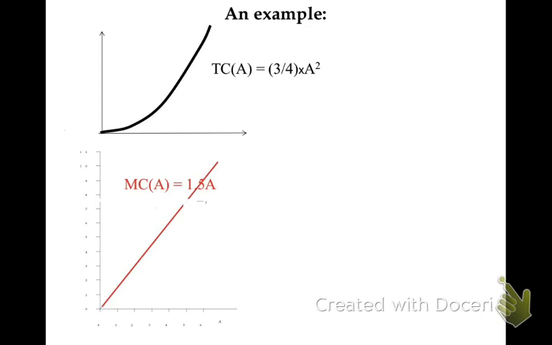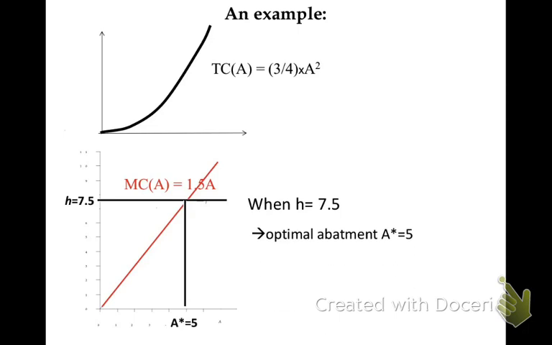It is 6 quarters, that is 3 halves, 1.5, and this is the marginal abatement cost. And when H is 7.5, we need to equalize the marginal abatement cost and the tax level, and so we will get that the optimal abatement is 5.